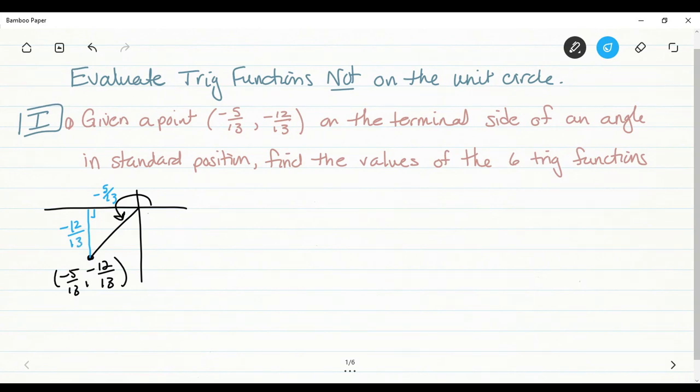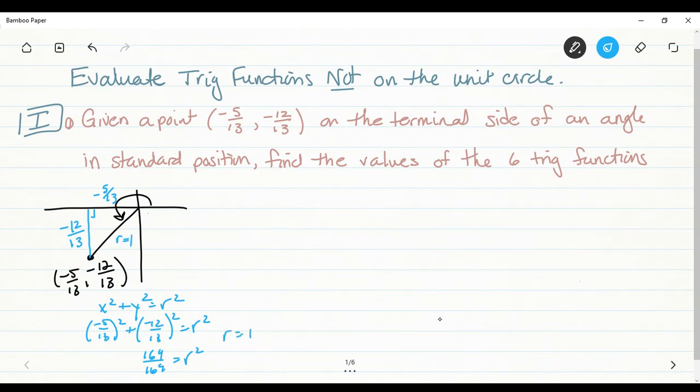In order to evaluate our 6 trig functions, we do need to know what this r value is. And we know that x squared plus y squared is equal to r squared, our Pythagorean theorem. So if we square negative 5 over 13 and negative 12 over 13, both of these squared come out to be 169 over 169, which means our r value is actually 1.